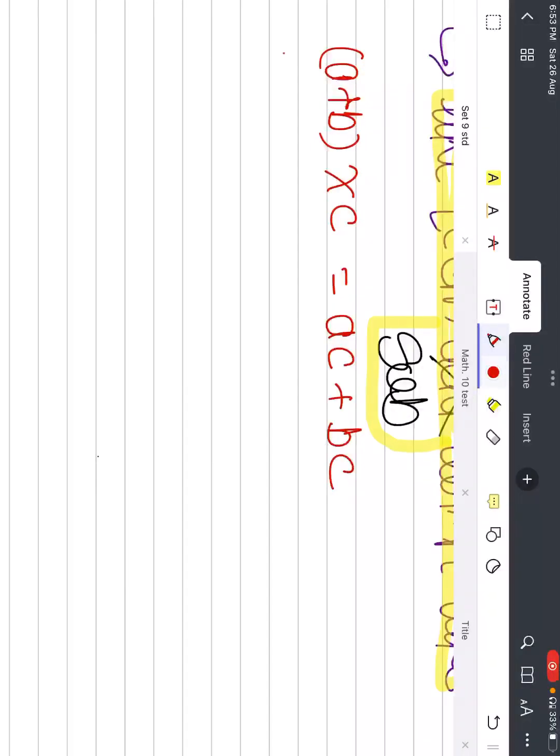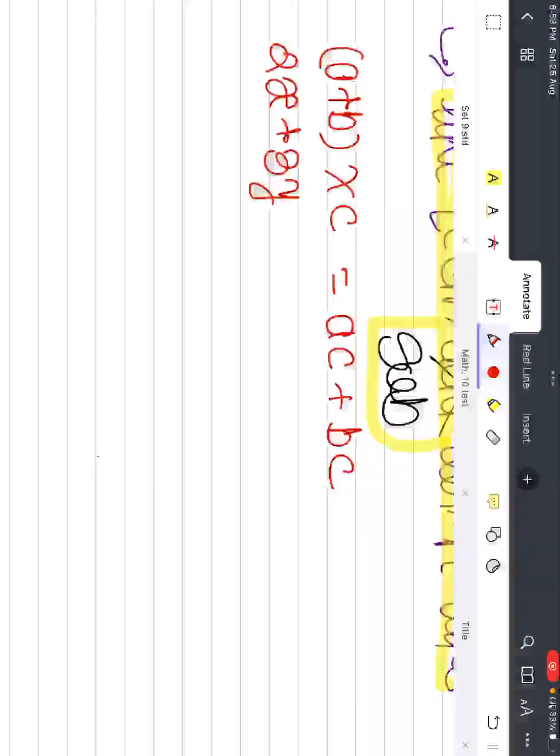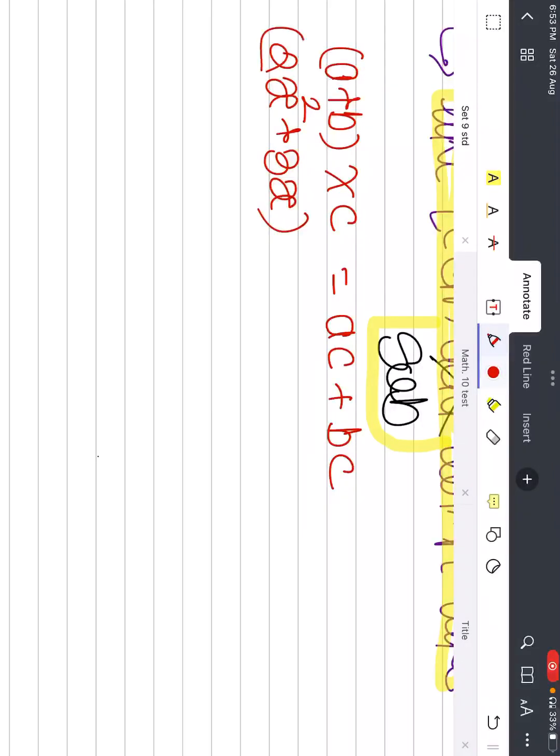Just take an example: 2x square plus 3x into bracket 4x. So we are multiplying this term, either an equation in one variable or in two variables. We are talking about an equation in one variable, so we will solve it like that.